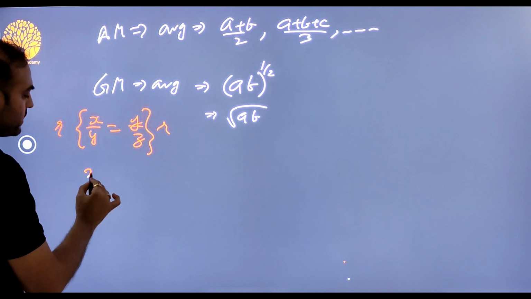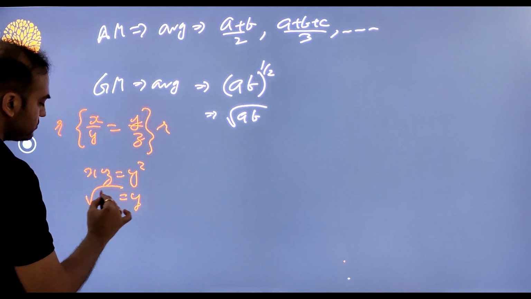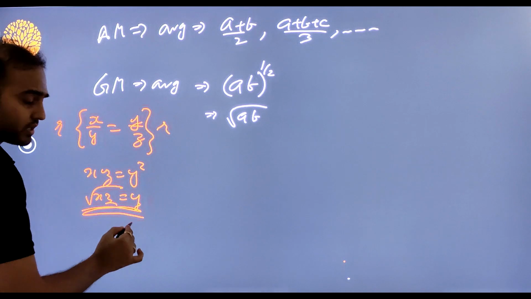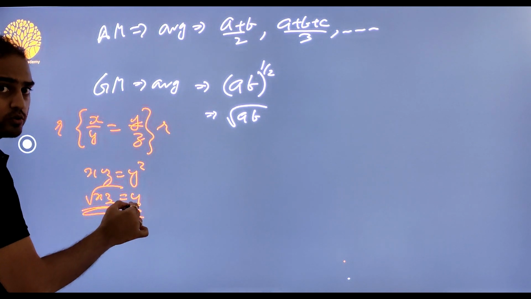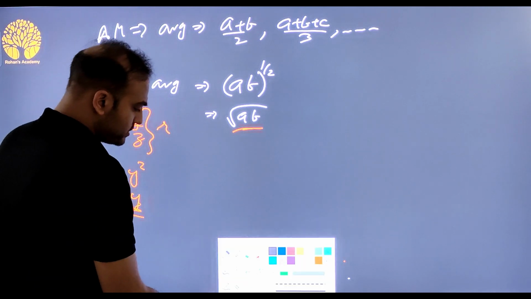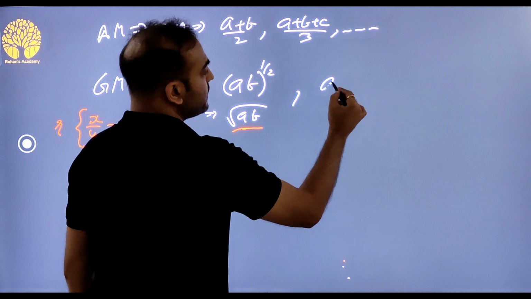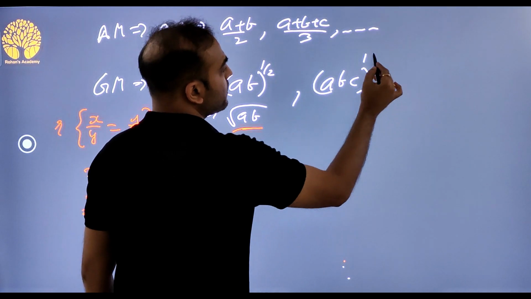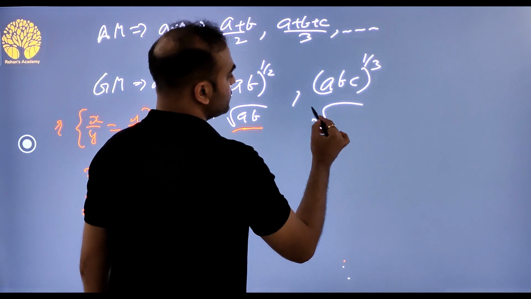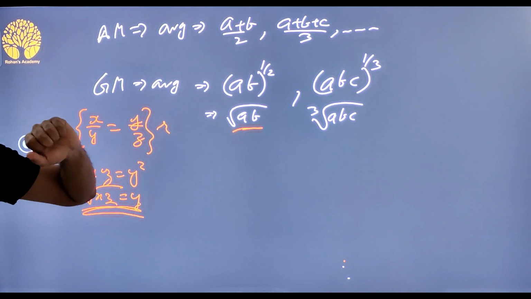What was the middle term? x into z is y square, y is square root of xz. And we call this the mean value, the mean proportion. Okay, similarly if we continue, if there are 3 terms, that will become power 1 by 3, essentially cube root of abc. Okay, so this is how we find geometric mean.